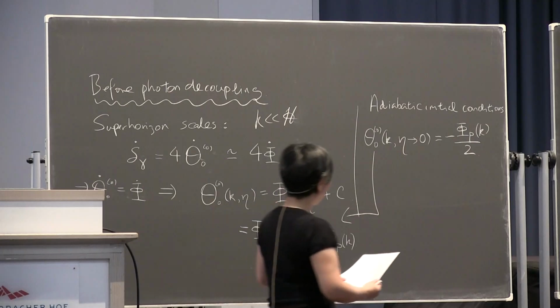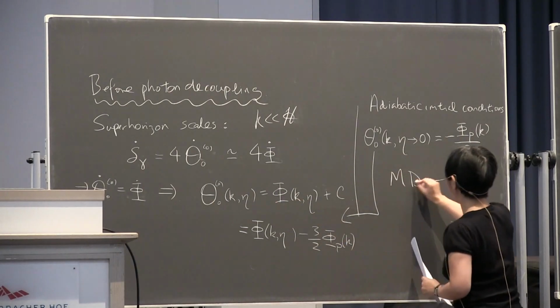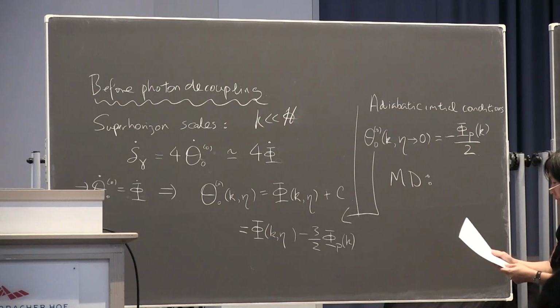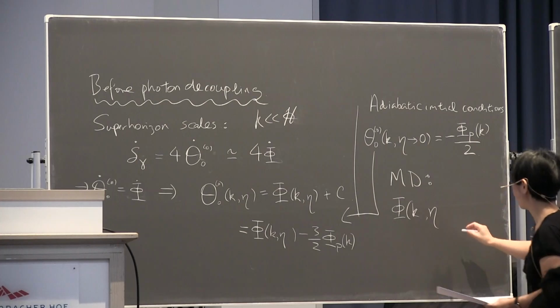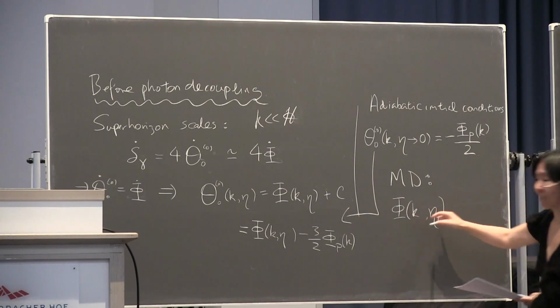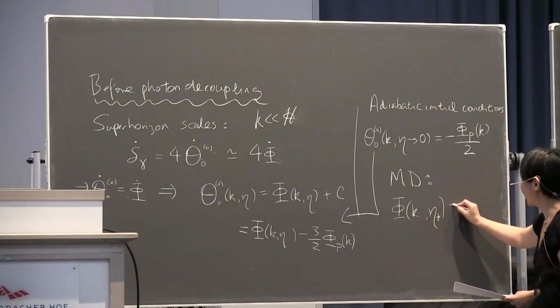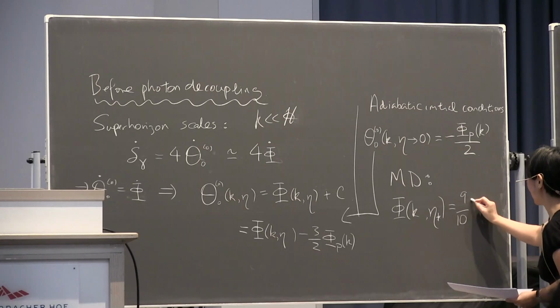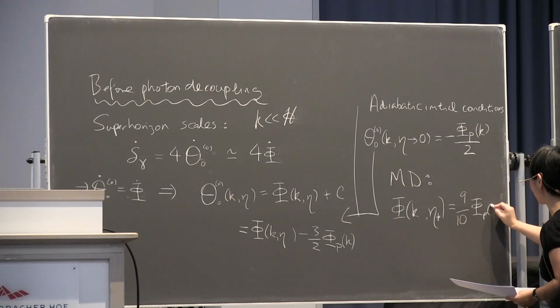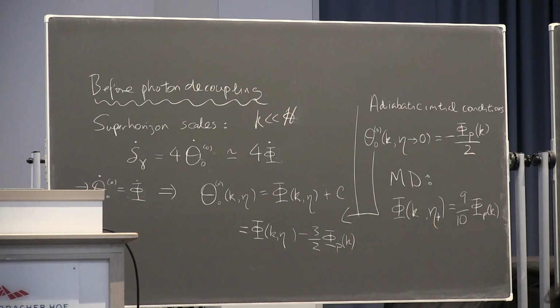And we've seen that during matter domination, the superhorizon solution for phi, where eta star is the time of decoupling, and since eta star is in the time of matter domination and we're looking at superhorizon scales, I can expect phi evaluated at this time to be 9/10 of the primordial value. Again, this is a solution we came up with yesterday.